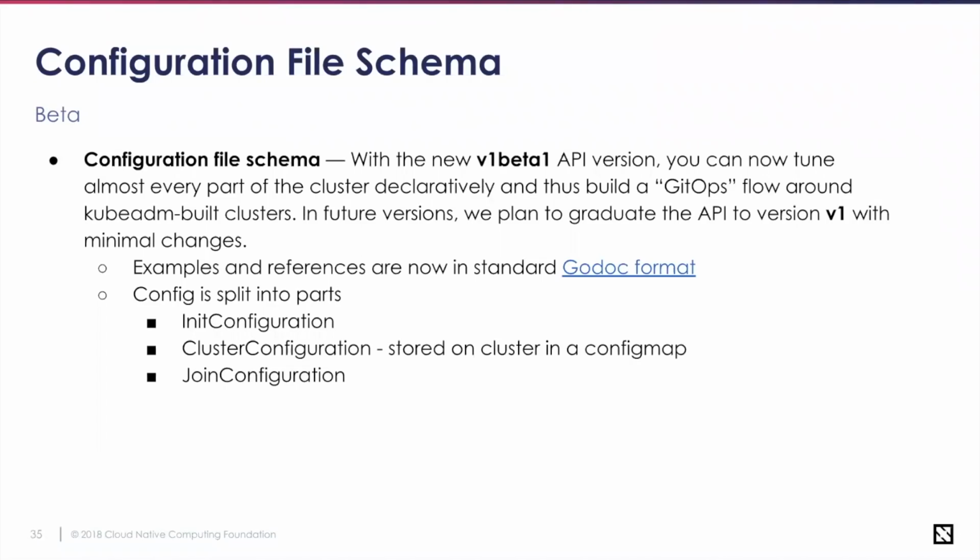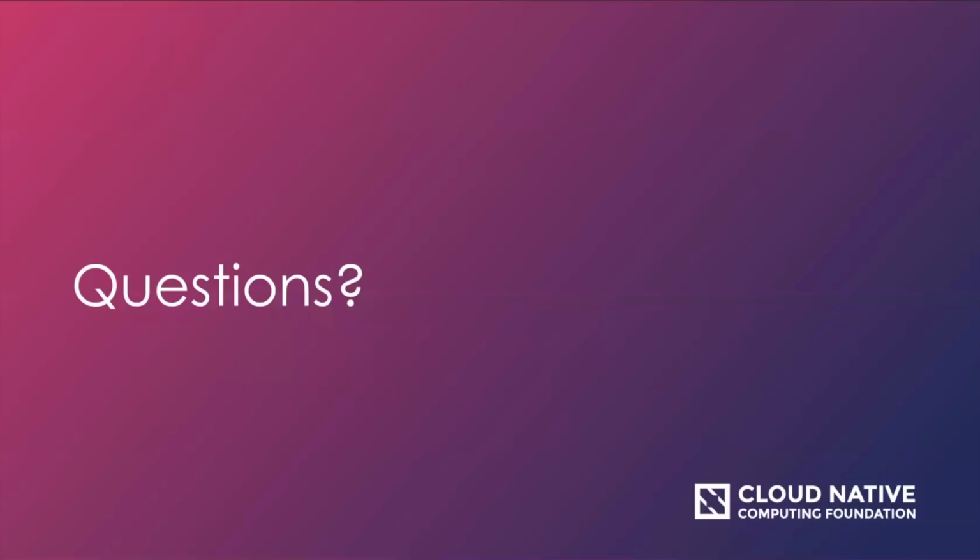This is important because it allows folks to easily upgrade and allows us to introspect version configuration information about their clusters and the different options that they've chosen for their deployment. And that is it for kubeadm major feature updates for 1.13.